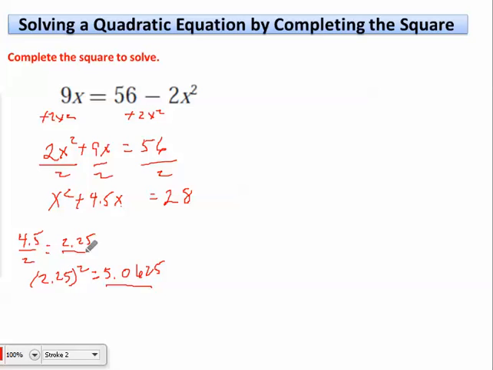And this is what my square is going to have in it. So here I go. x plus 2.25 squared plus 5.0625 equals 28 plus 5.0625.